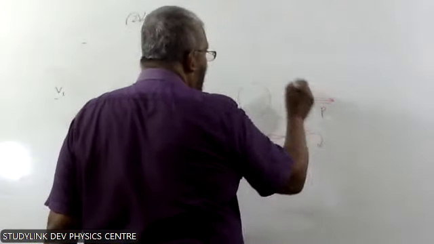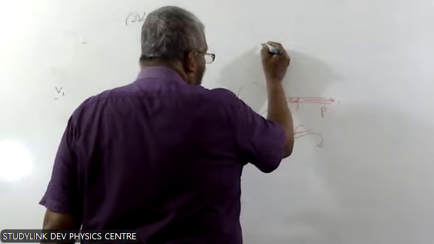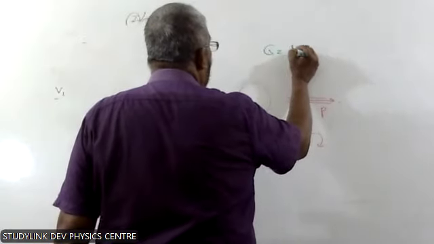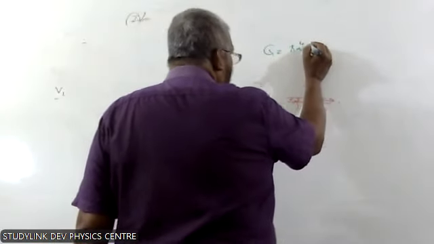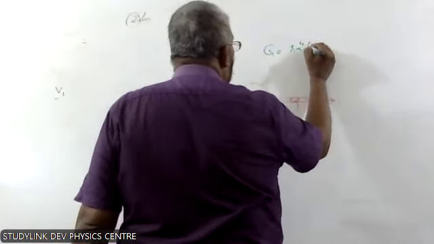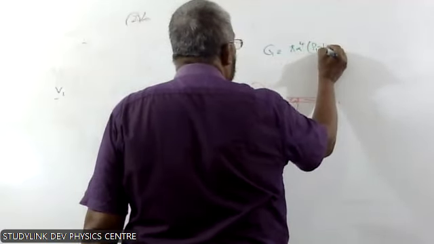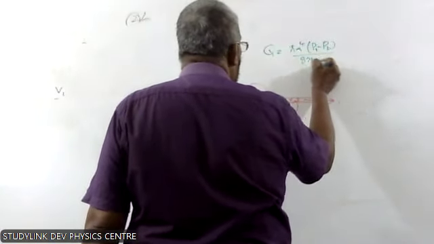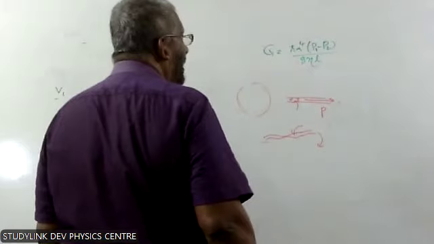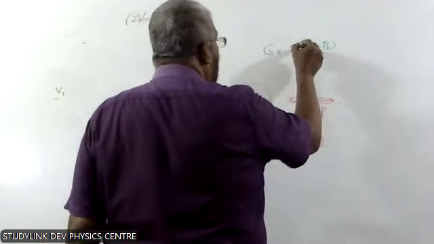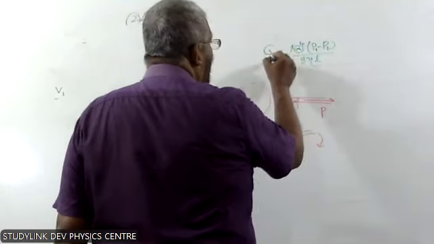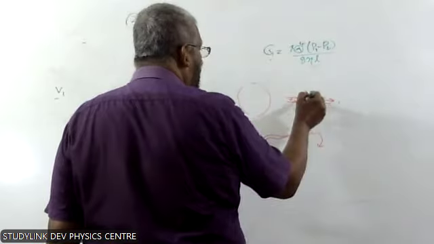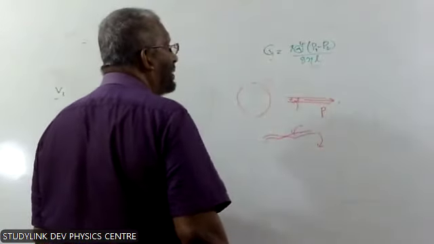If you consider this flow according to Poiseuille's equation, Q is equal to pi a to the power 4 times the pressure difference (P1 minus P2) divided by 8 eta L. Now the length is the same, and the diameter reduces because of the cholesterol or calcium deposit.